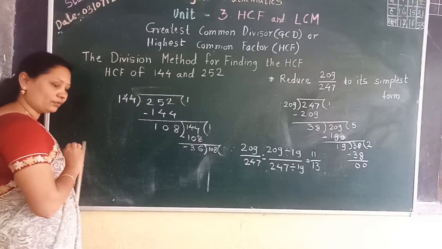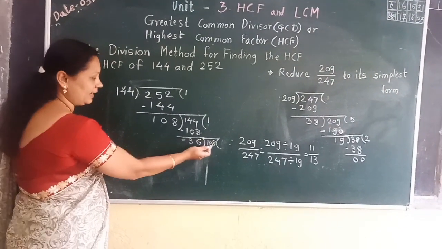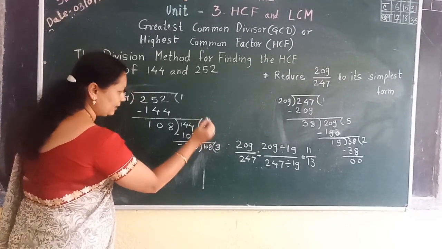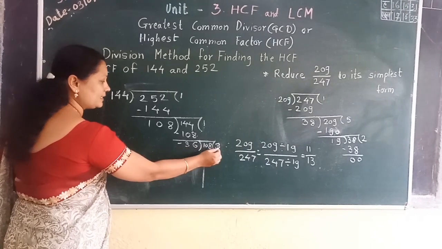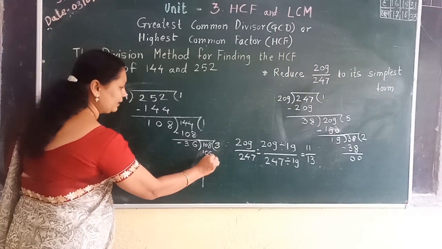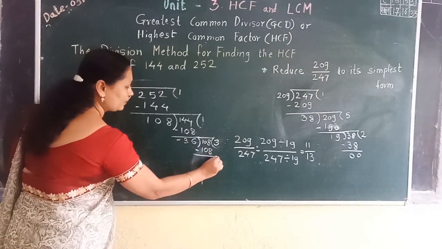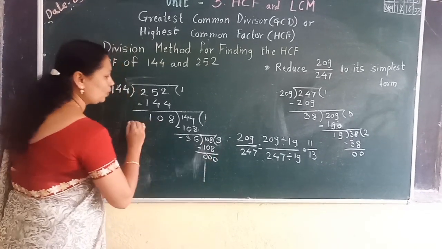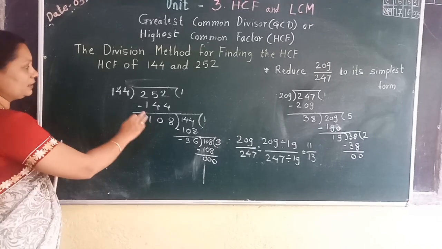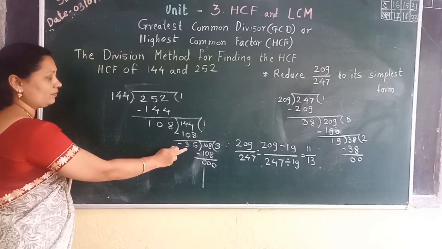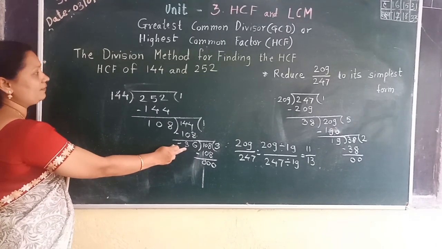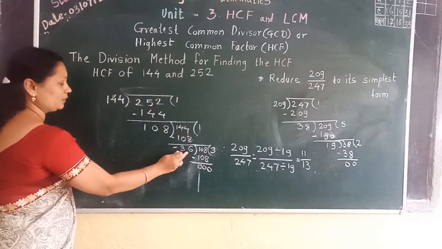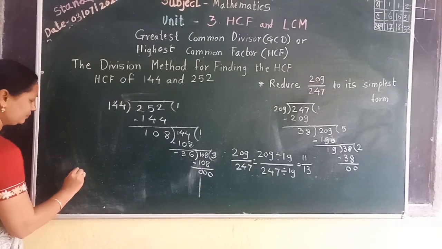When we divide 108 by 36, we get answer 3. 36 3s are 108. Now the remainder is 0. This divisor 36 is the answer. HCF of 144 and 252 is 36.